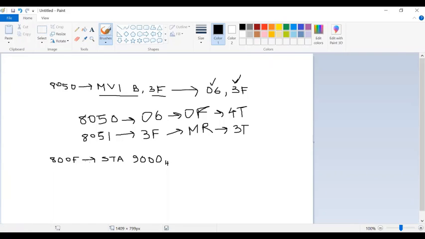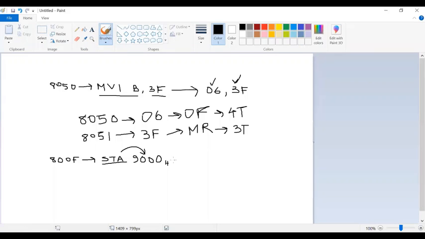So here we also need to perform the storing operation, storing the accumulator content into some memory location. Now it's a 3-byte instruction. There is a particular opcode for STA.